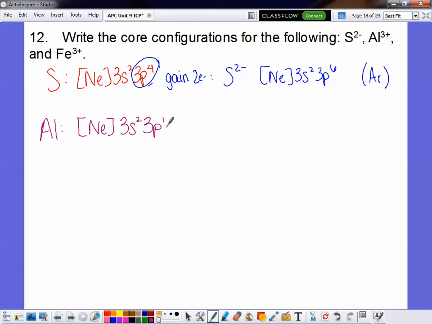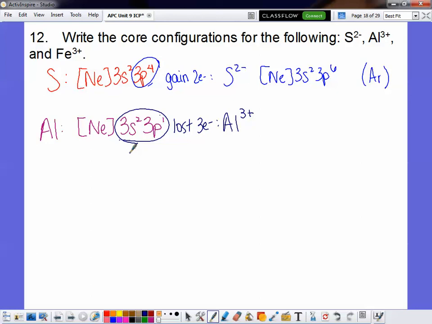So to form aluminum 3+, what did it do? Lost 3 electrons. Which 3 electrons is it going to lose? The last 3, which would be all of these, right? These get lost.